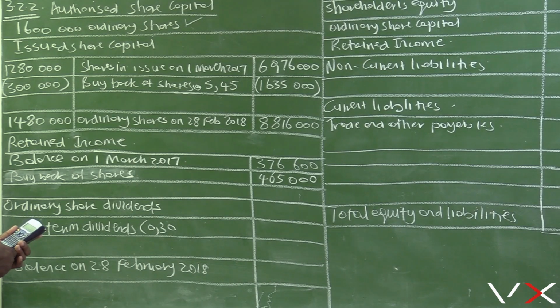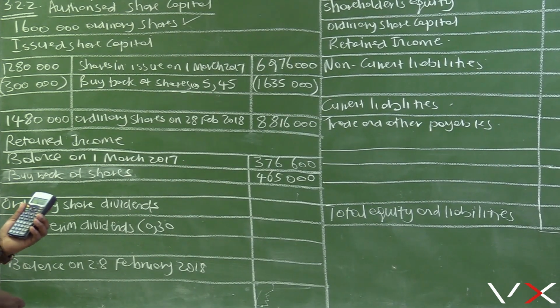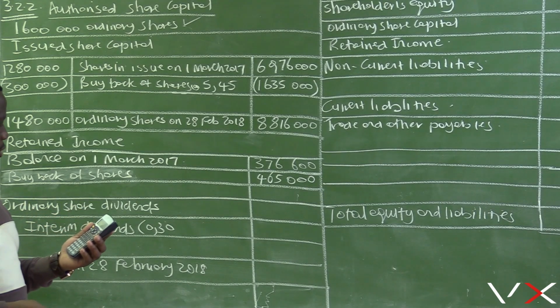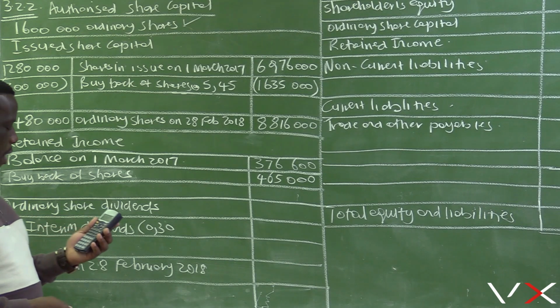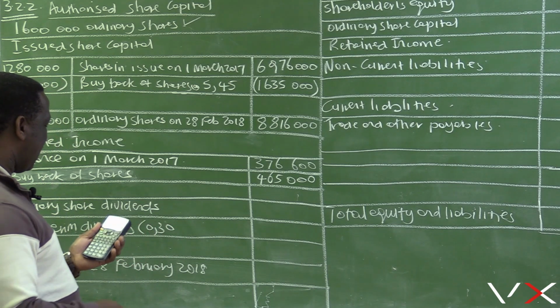So the total number of shares in issue decreased by 300,000, and it was now 980,000 shares. So the interim dividend was paid when the total number of shares in issue was 980,000.